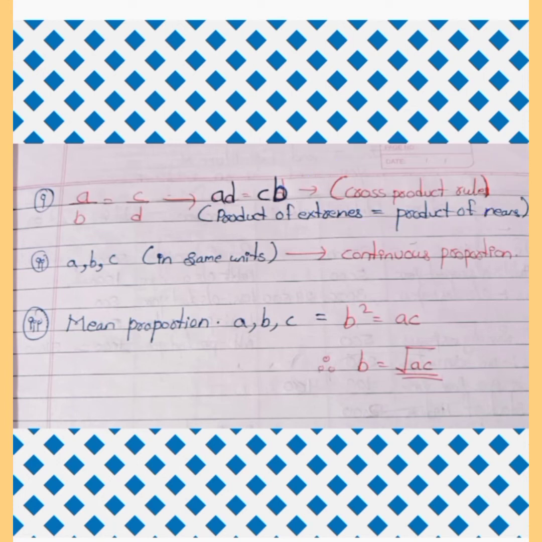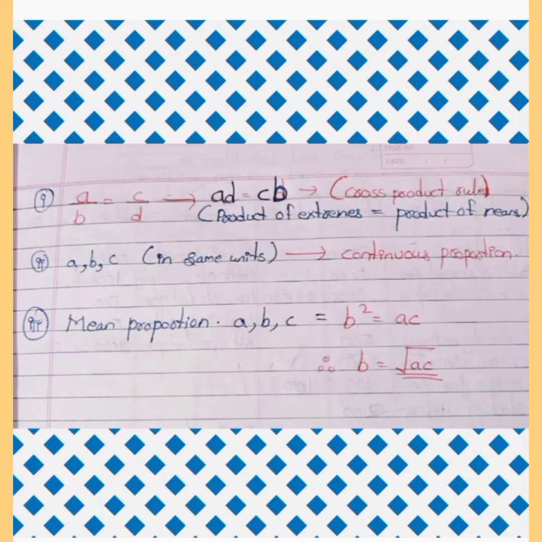Here A and D are the product of extremes, and C and B are the product of means. I think you are clear about what the cross product rule is. It's A into D is equal to C into B.